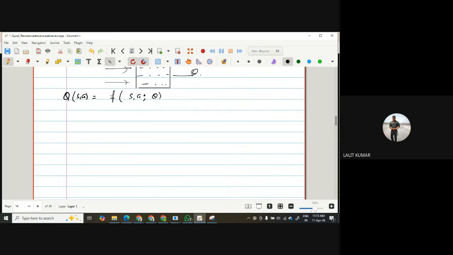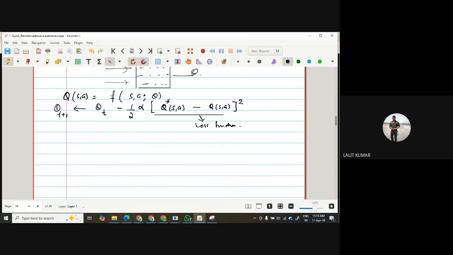When we have got a function like this, then we can update theta: theta t plus 1 is equal to theta t minus half learning rate, times Q star(S,A) minus this f(S,A,theta), or Q(S,A), square. This is your loss function.